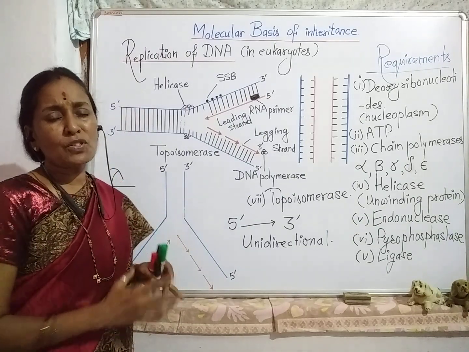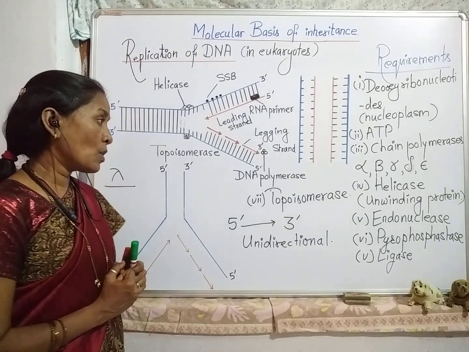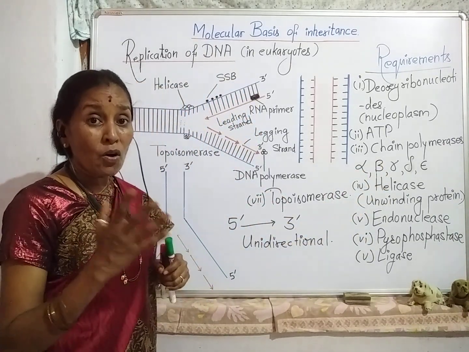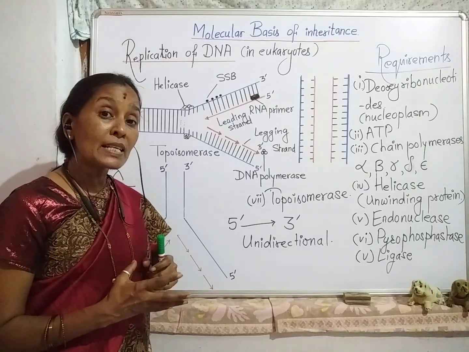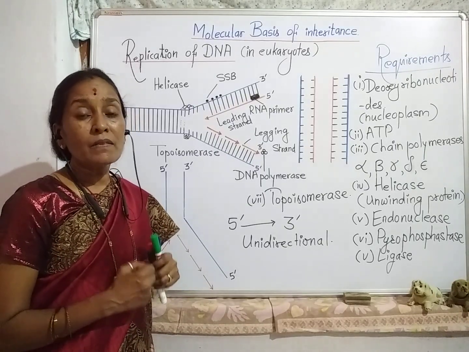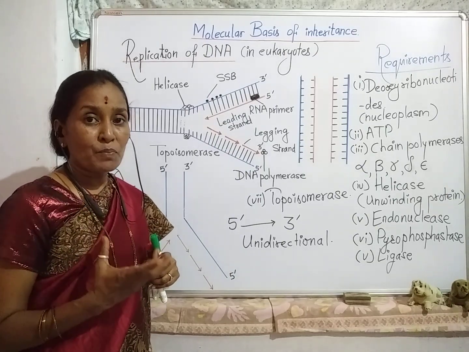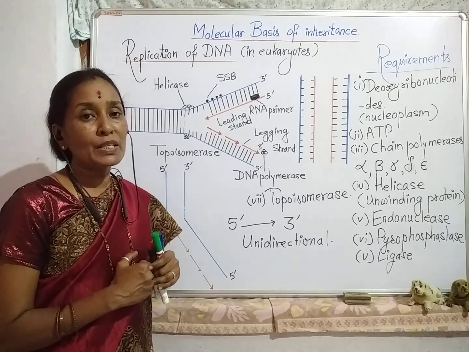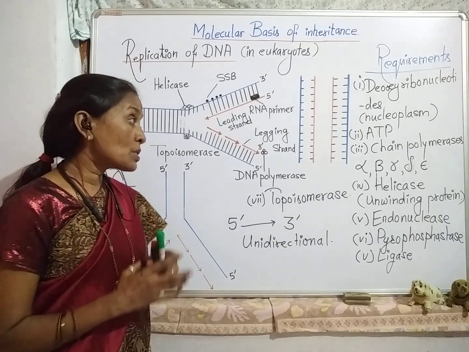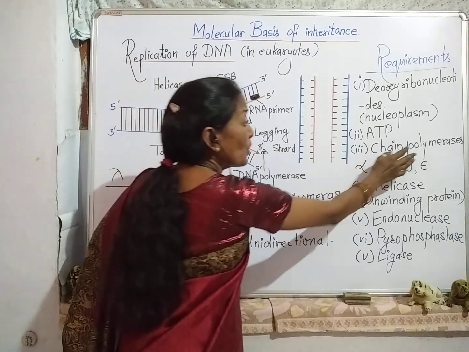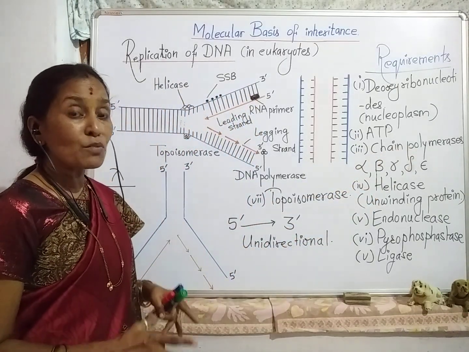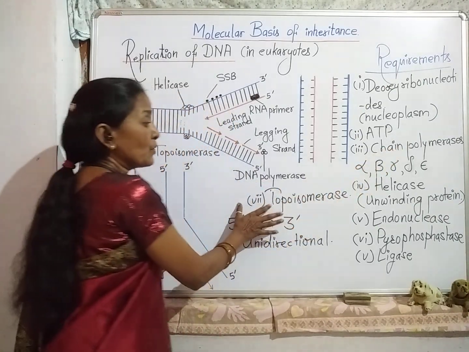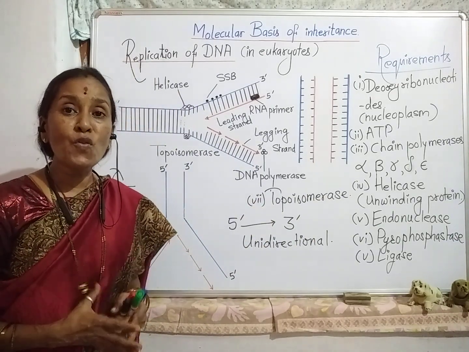During the replication process, so many mistakes occur because this chain polymerase enzyme cannot recognize the difference between uracil and thymine, because there are structural similarities between uracil and thymine. So sometimes this alpha polymerase adds a wrong base pair during the replication. So meanwhile the beta polymerase and the topoisomerase act as a proofreader.